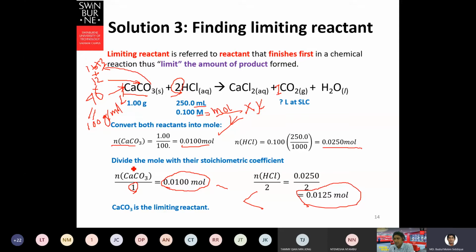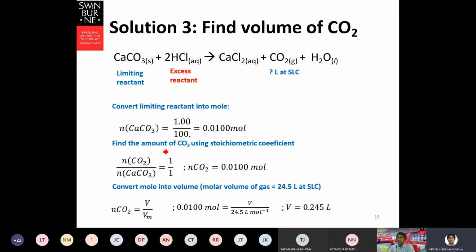So if it is the limiting reagent, that is good, it will finish up faster, and then there will be some leftover HCl in the solution. So when it finishes up faster, the carbon dioxide is going to follow the mole ratio of this limiting reactant.